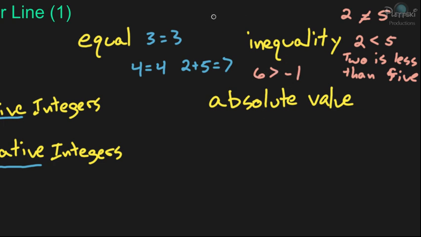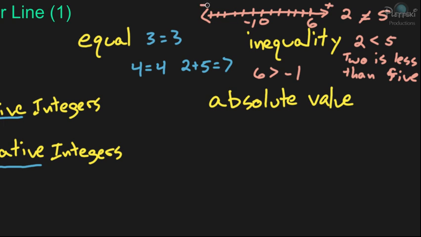And if you picture it on a number line, if this is 0, and you have 1, 2, 3, 4, 5, 6. If 6 is over here, and -1 would be here, so if you're heading right, you're going in the positive direction.